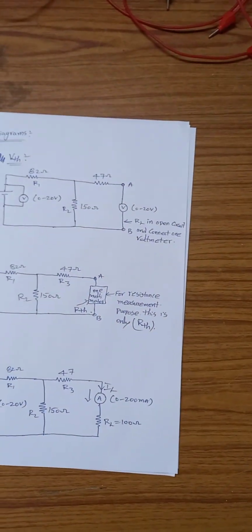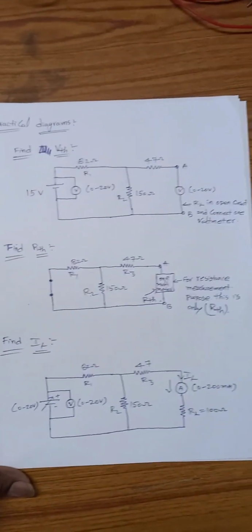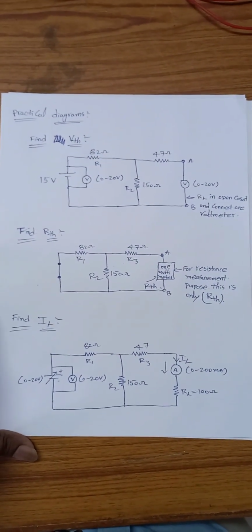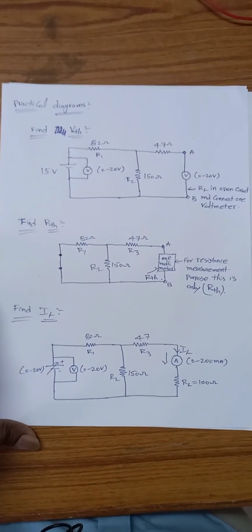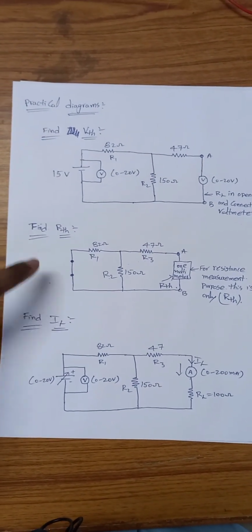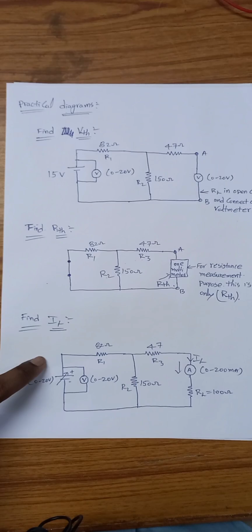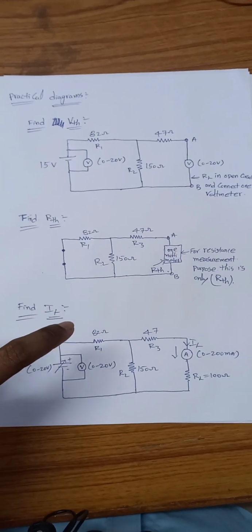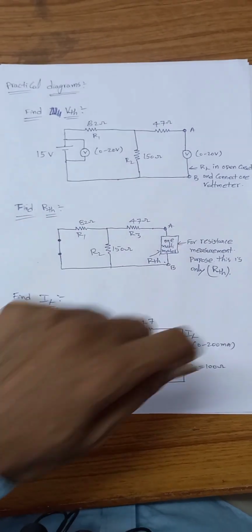Okay, so you can observe here we have practical diagrams. Based on these practical diagrams only we are going to observe all the values: the V Thevenin value, R Thevenin value and load current values. According to these practical circuit diagrams we will connect the kit.